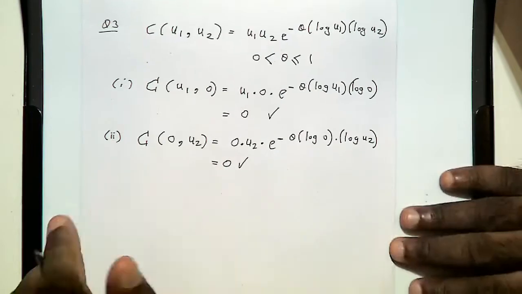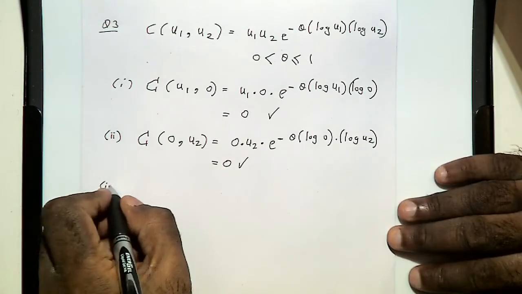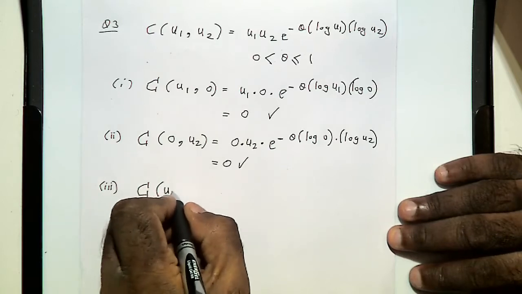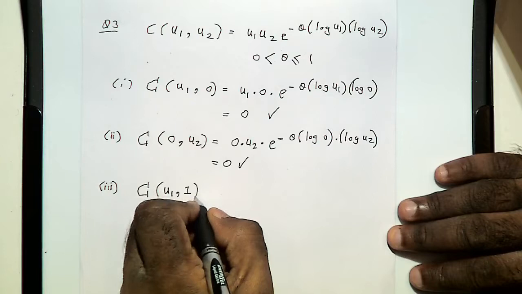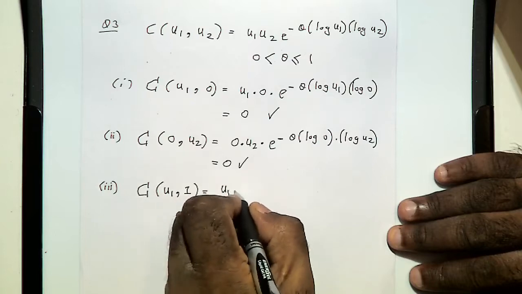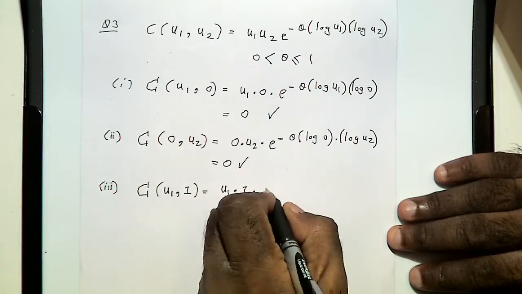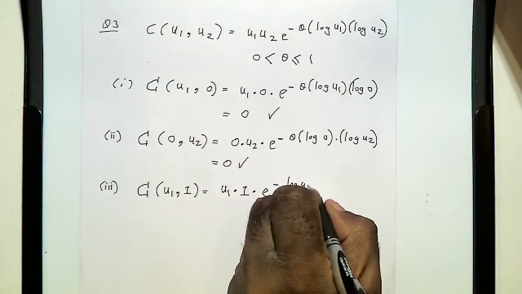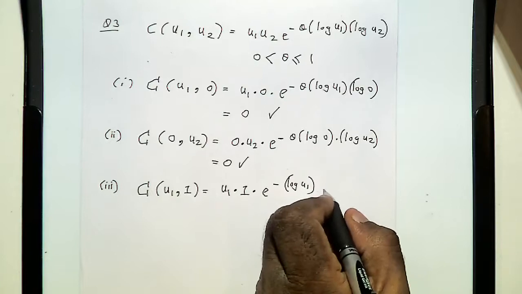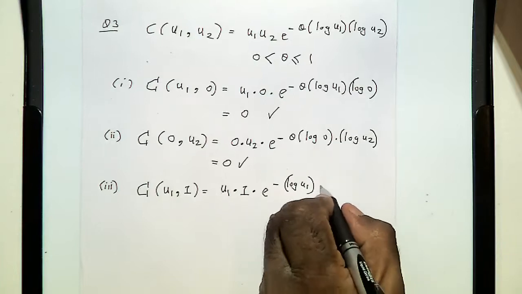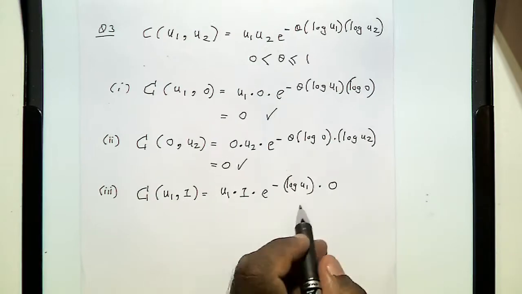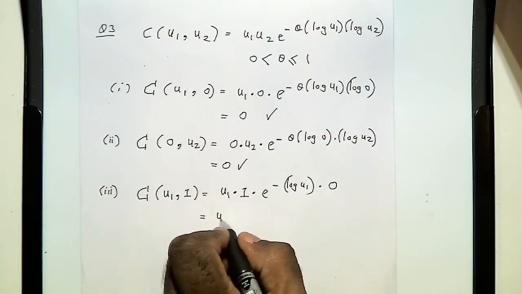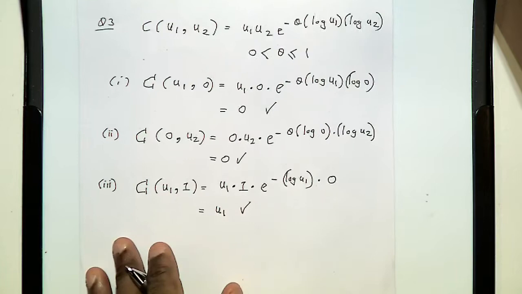Okay. Condition 3. Now log of 1, I'm sure all of you know that log of 1 is 0, right? So this whole thing is 0. So E of 0 is 1. So this becomes equal to U1. You follow me? Yeah.